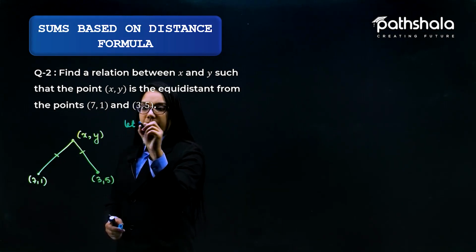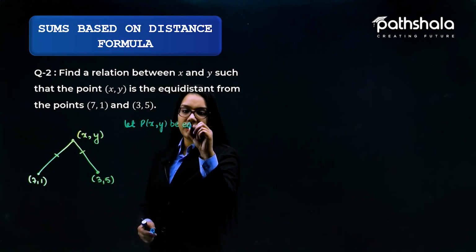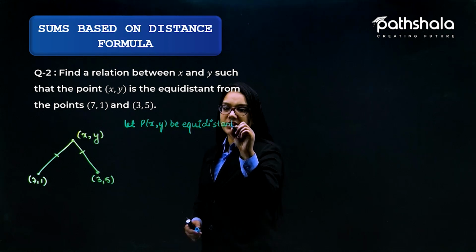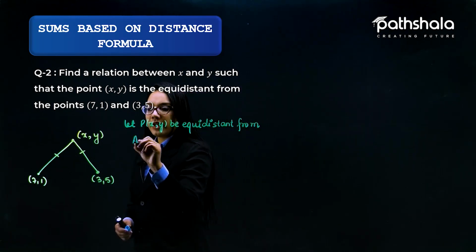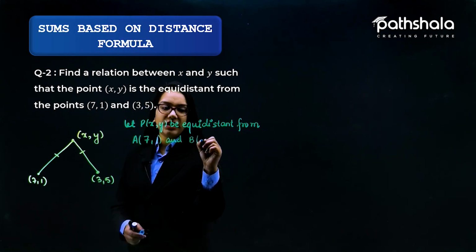Let P (x, y) be equidistant from A (7, 1) and B (3, 5).